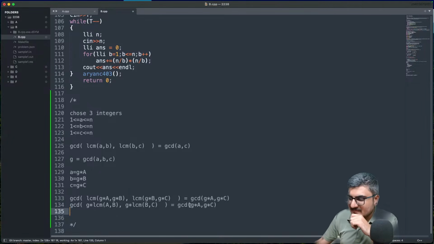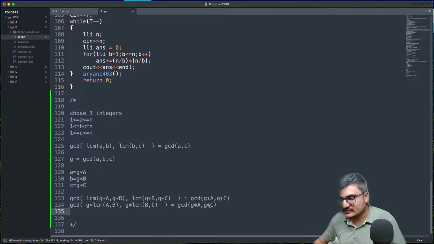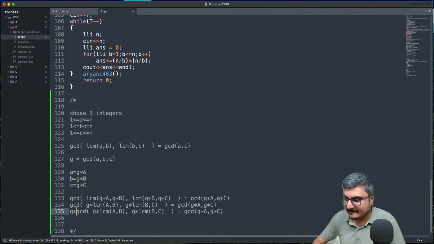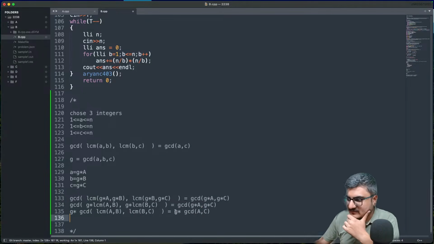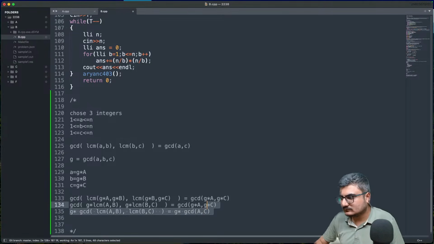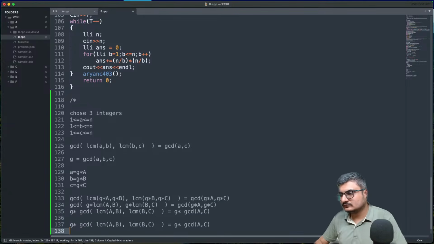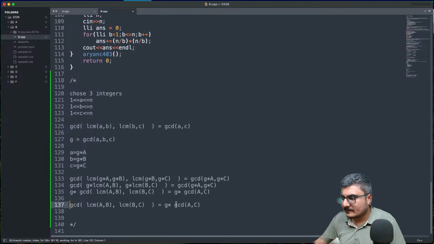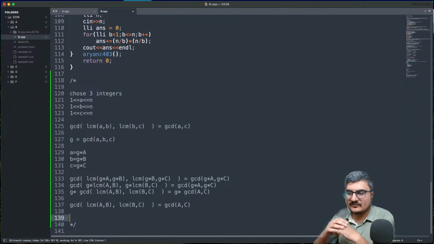Here also we have the same number that multiplies both of them. So we can even move this G out from here. And now we can remove this G altogether from both the sides. Now we are left with this part. Looks fine, right?